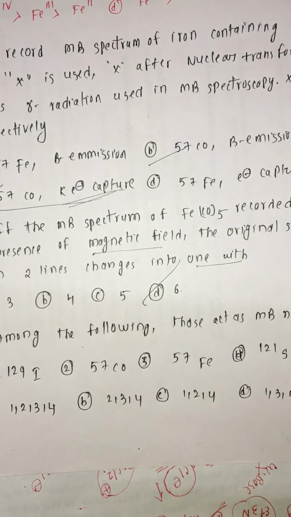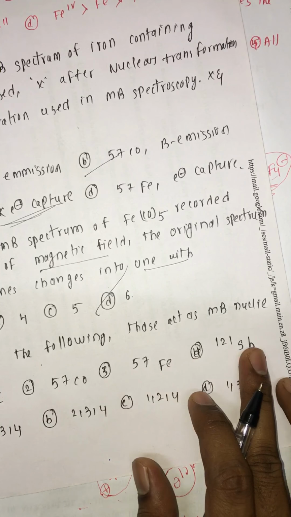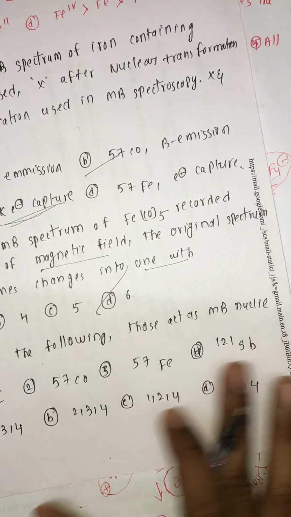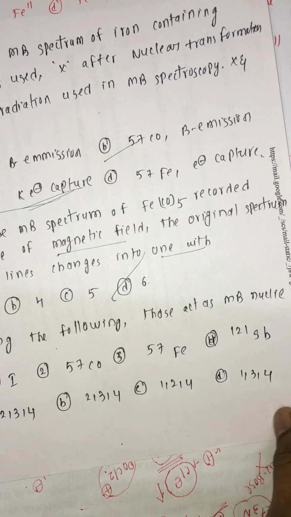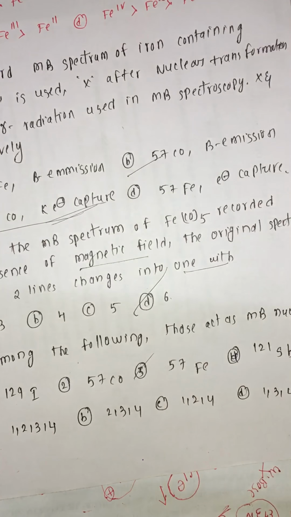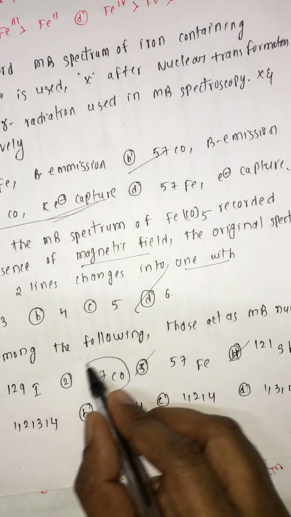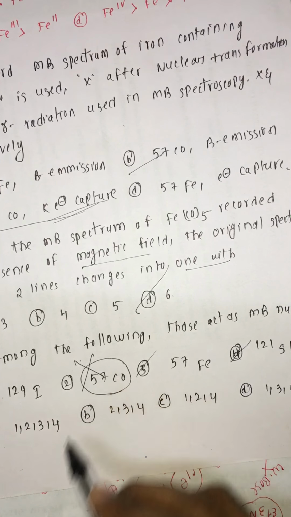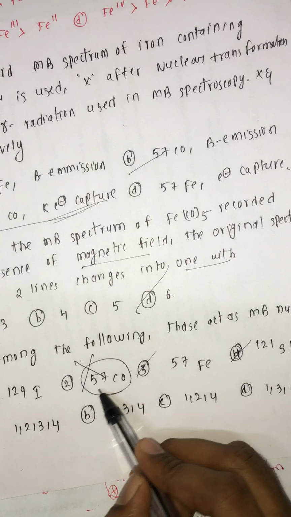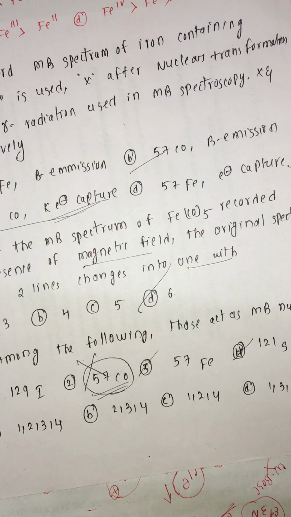Next, among the following, which act as magnetic Mössbauer nuclei? We know that iron is Mössbauer active, and tin is also Mössbauer active. What about cobalt-57? Cobalt-57 is not Mössbauer active; we can use it as a source, but it cannot be active in the Mössbauer spectra.